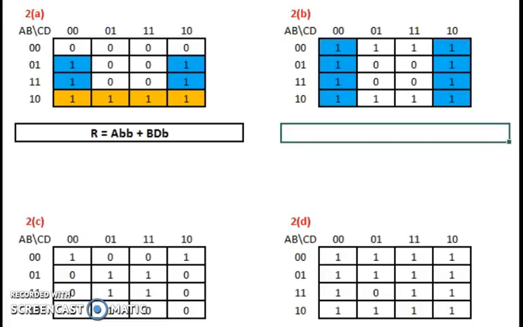Okay, so A and B will change, only D will not change, so you will obtain R equivalent to D bar. Okay, and then for the rest of the ones which haven't been grouped yet, what people normally do is they only group these two with these two, so only groups of 4 ones.